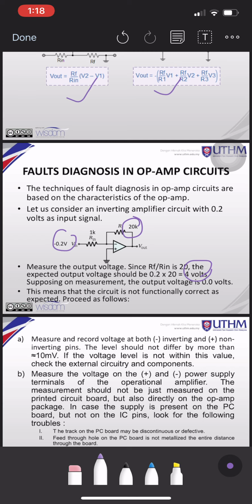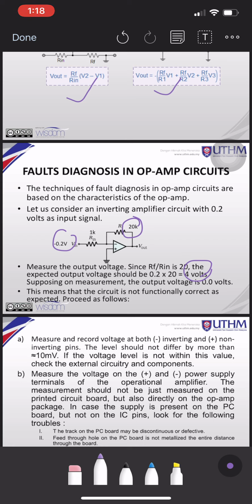Next, measure the voltage on the positive and negative power supply terminals of the op-amp amplifier. The measurement should be taken not just on the PCB but also directly on the op-amp package.